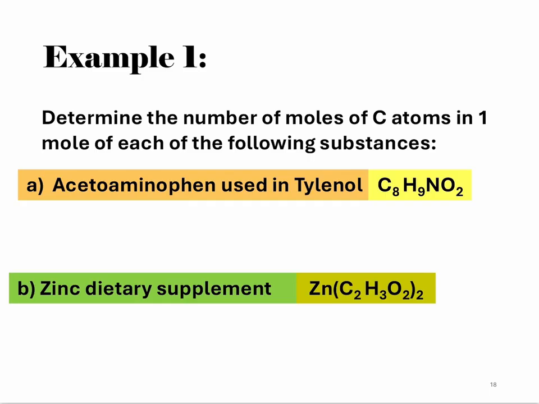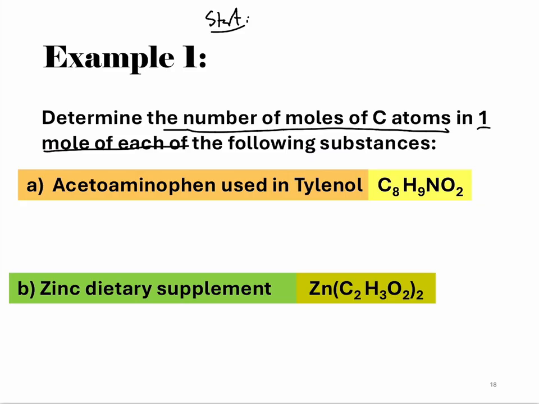All right, we're looking to find the number of moles of carbon atoms in 1 mole of each of the molecules. So we're going between what two units? Moles to moles, which is going to be one of our simplest. And we're going between specifically how many moles? What are we starting with? 8 moles of carbon.